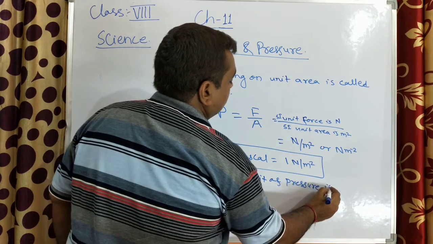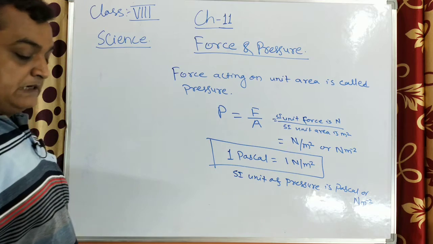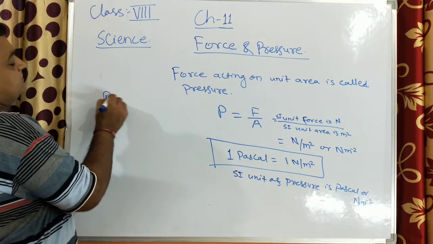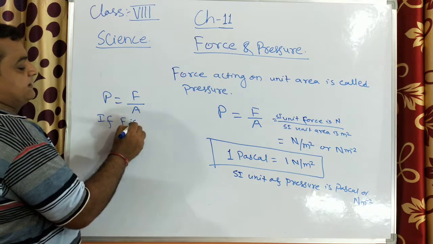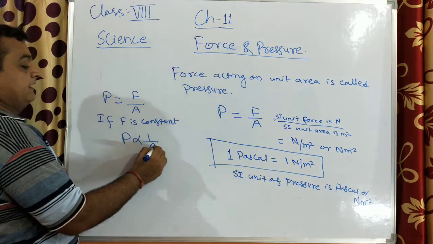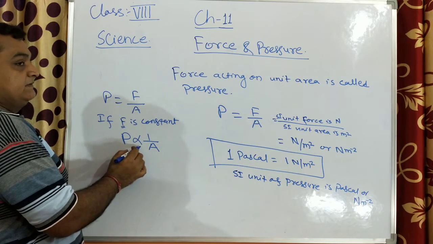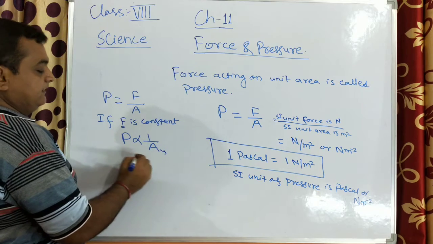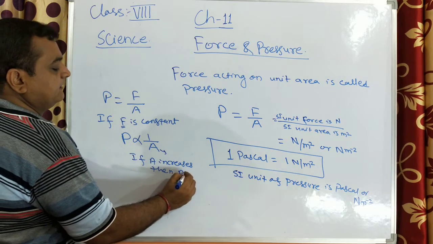Okay, from this relation P equals F by A, if F force is constant, then we can write pressure P is inversely proportional to A. If A increases, then P decreases, and if A decreases, then P pressure increases.